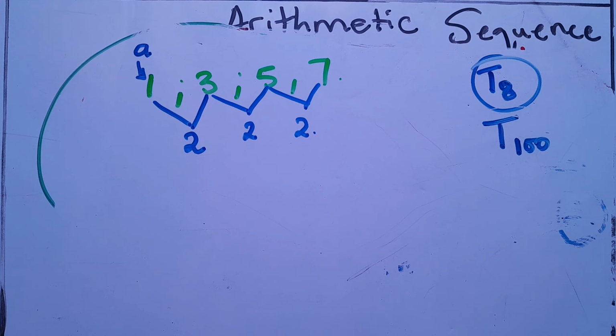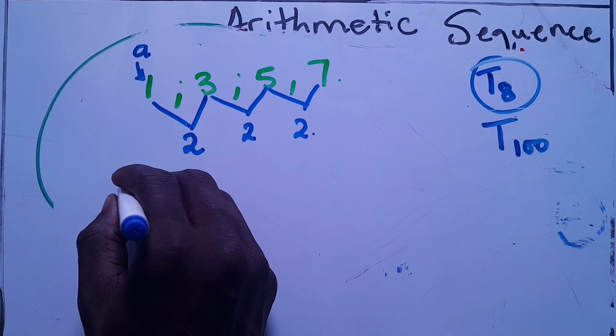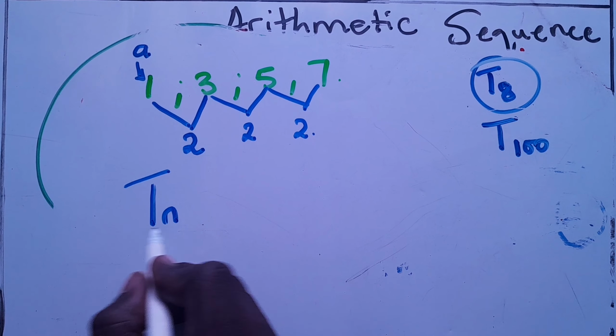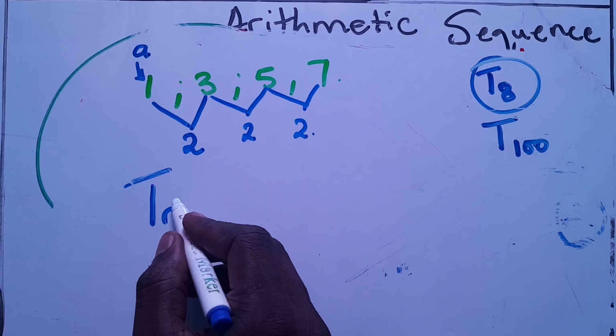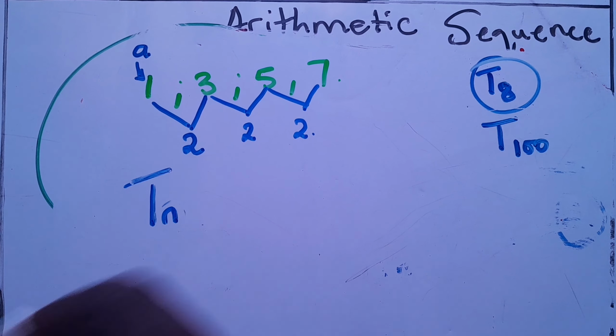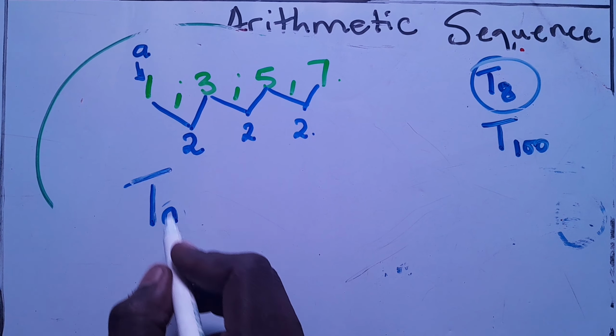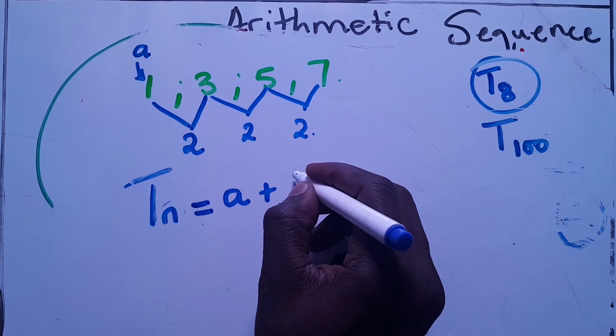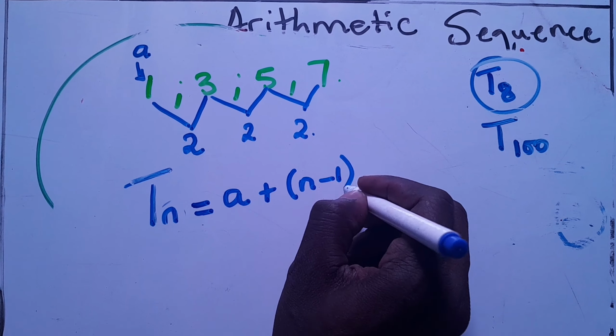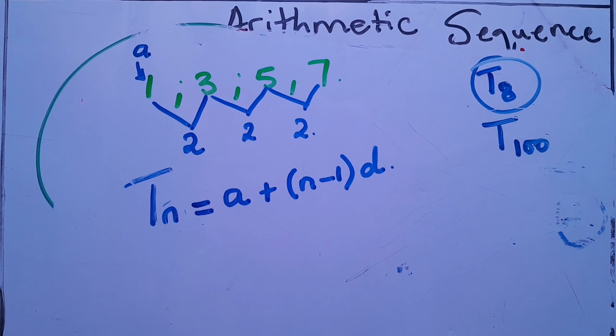Now to find the general formula, we say Tn, and Tn stands for the term of any value in this sequence, right? So we say Tn is equal to a plus n minus 1 times d. So this is how you find the general formula of any arithmetic sequence. As long as it is an arithmetic sequence, we use this formula, right?